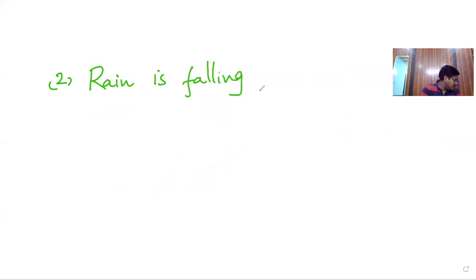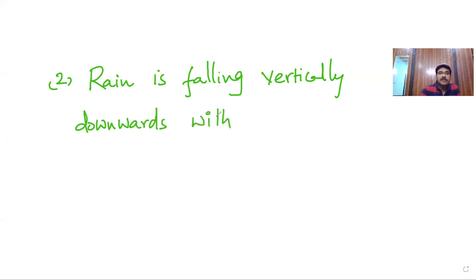The second problem is: rain is falling vertically downwards with a speed of 4 meters per second.